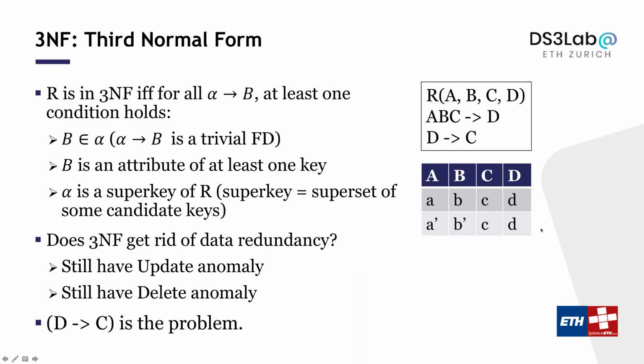In this example, D is clearly not a key, since you have the same value of D mapping to different attributes. But the fundamental reason is that from these two functional dependencies, you cannot prove there's an FD from D to ABC. You cannot apply Armstrong's axioms again and again to derive that. Another way to think about it is to calculate the closure of D. That closure is not ABC.